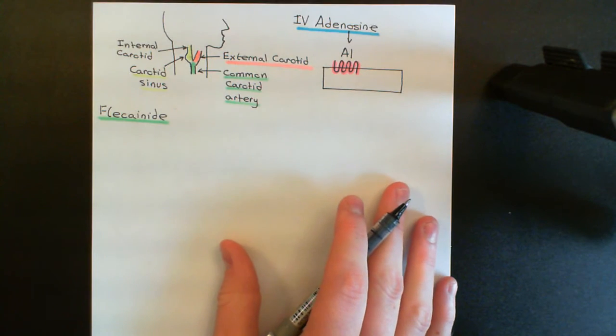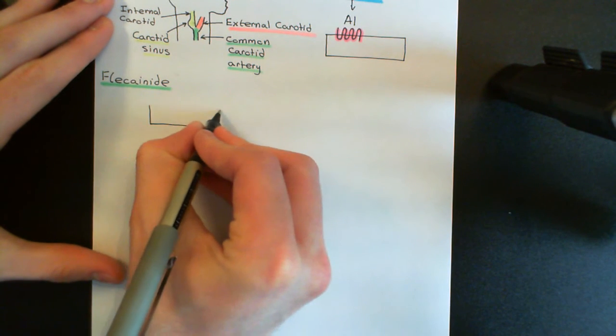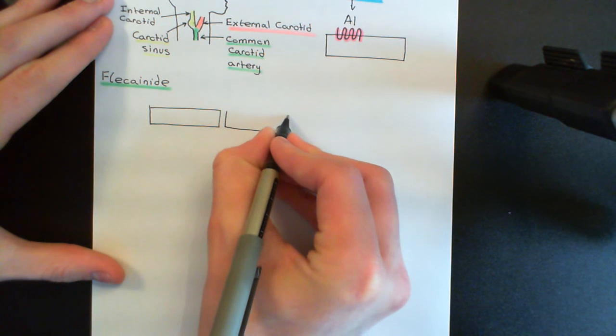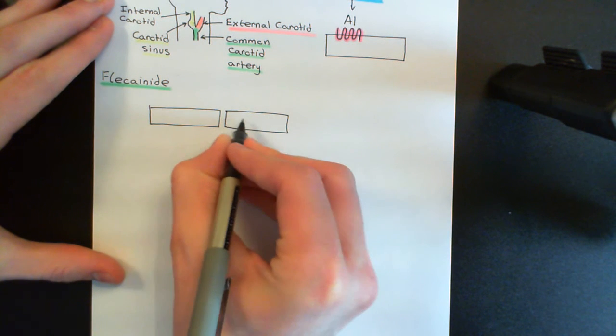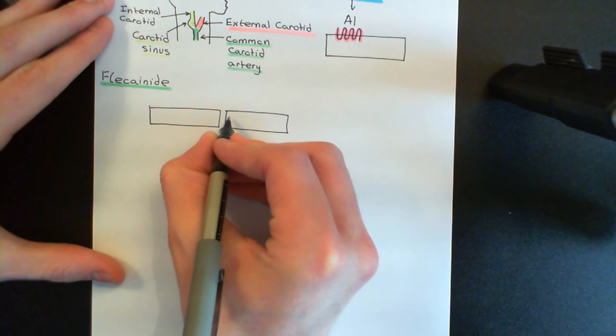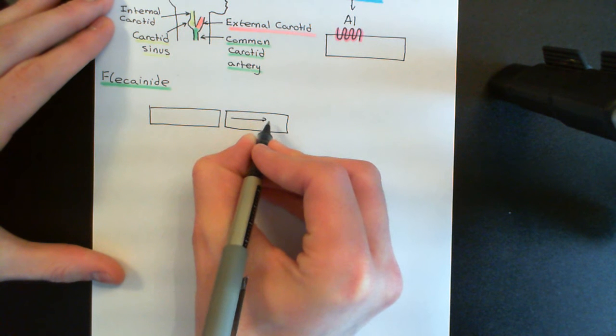Okay, so I'll draw a picture here. So we'll have our AV nodal cardiomyocyte, let's say here, trying to stimulate a bundle of His cardiomyocyte here. So let's say it has stimulated it once, and now the electrical signal, the action potential, is propagating along our bundle of His cardiomyocyte here.